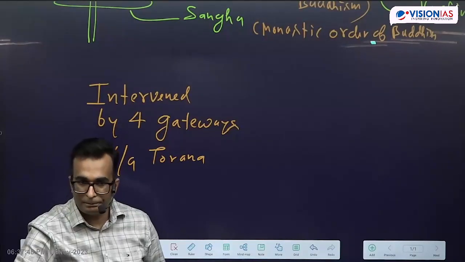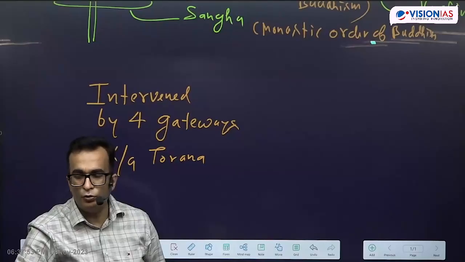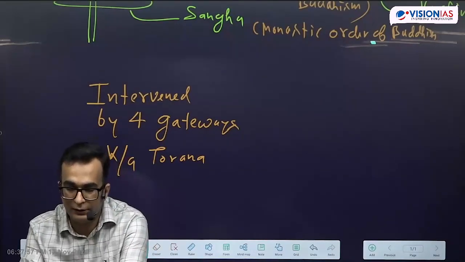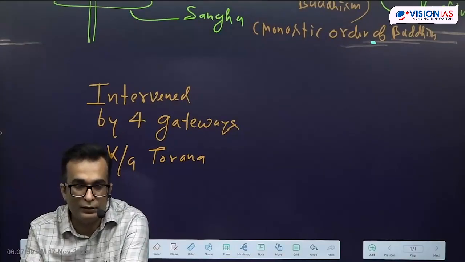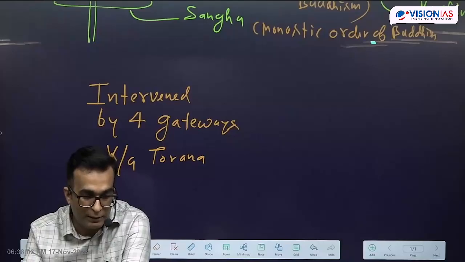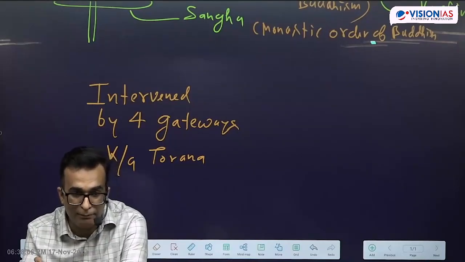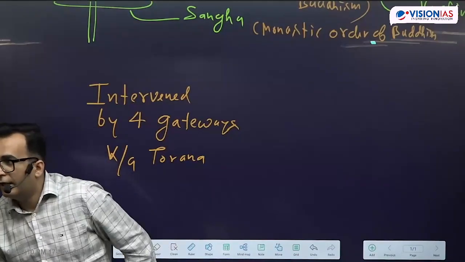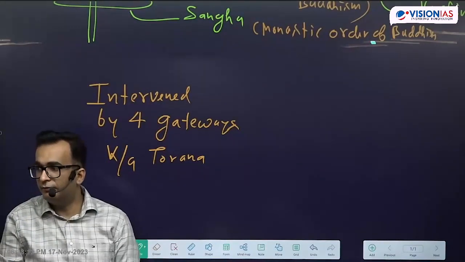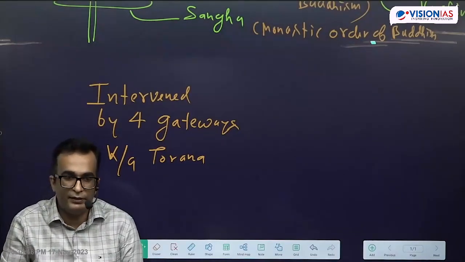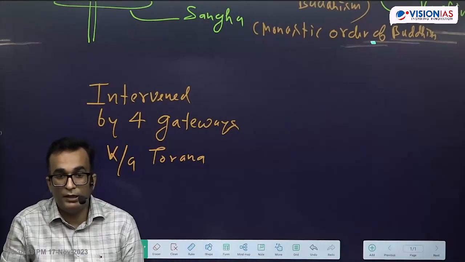Then mention, these 4 Torans depict 4 important life events of Buddha. अब numbering करके you write.